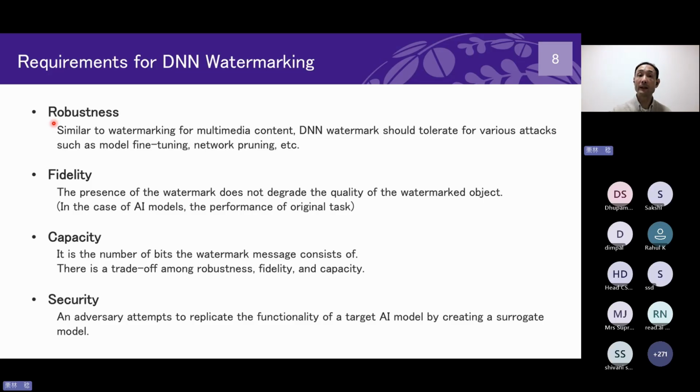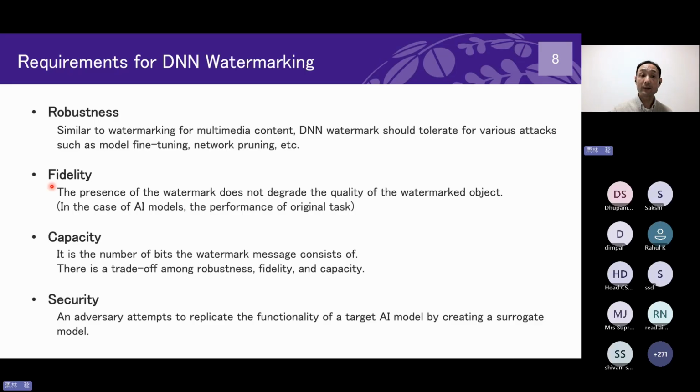In DNN watermarking, it is also required to tolerate various attacks. And the attacks are really different from the original digital watermarking for multimedia contents. In the DNN model, the attacks are things like model fine-tuning, model pruning, distillation, and so on. Such modification of the DNN model is a typical case of attacks on DNN watermarking.